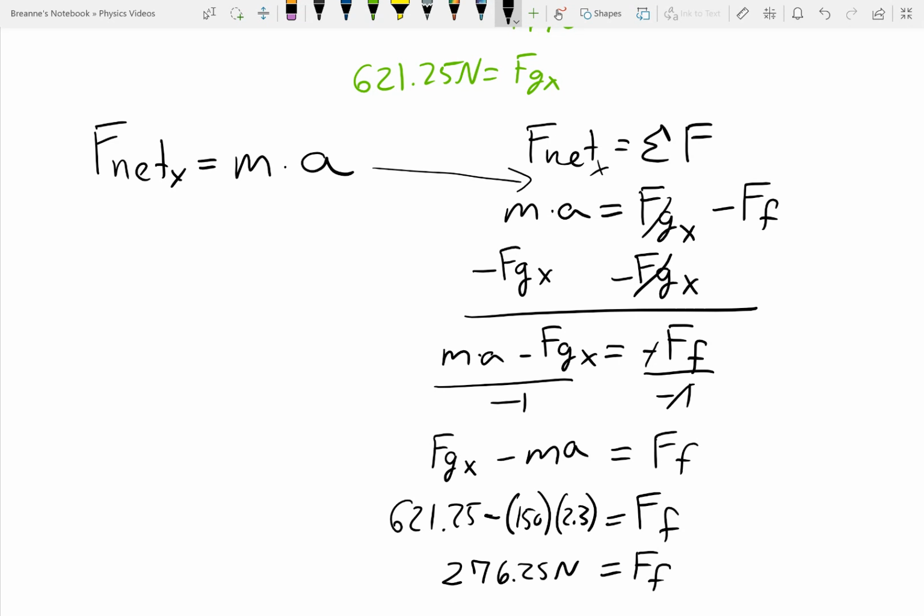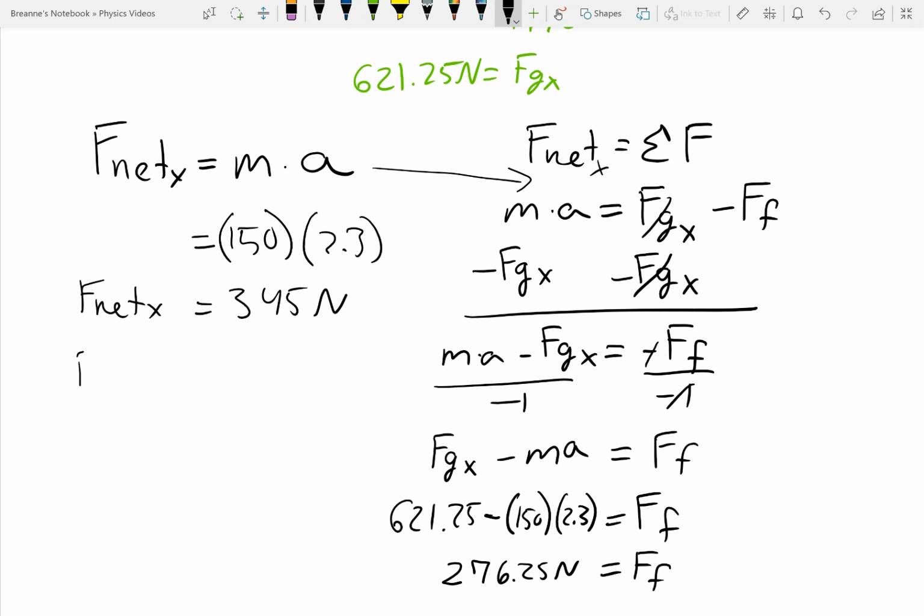And your net force, go back here, it's just your mass times acceleration, and so that gets you to 345 newtons. Net force in the x direction, because your net force in the y direction is 0.